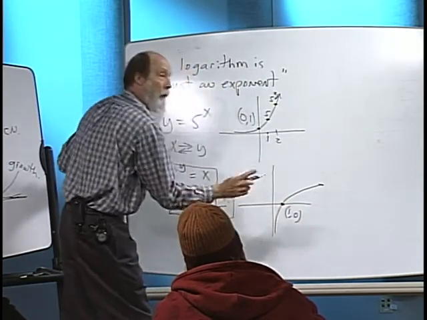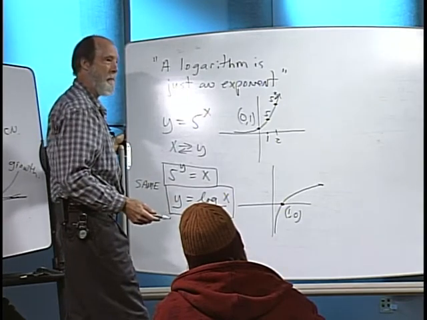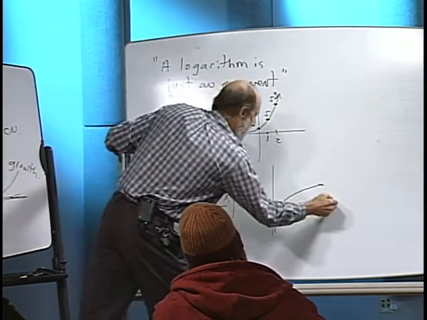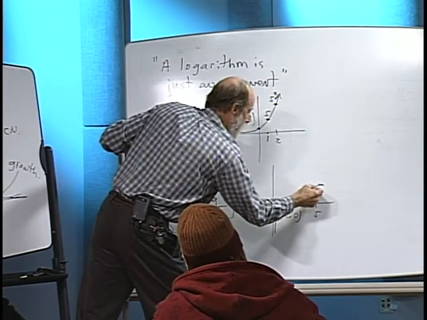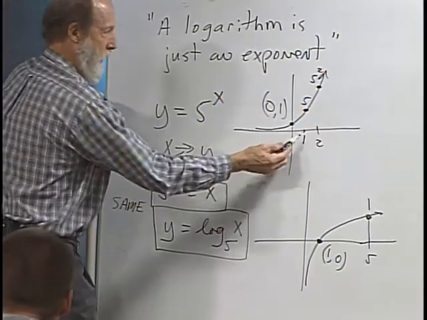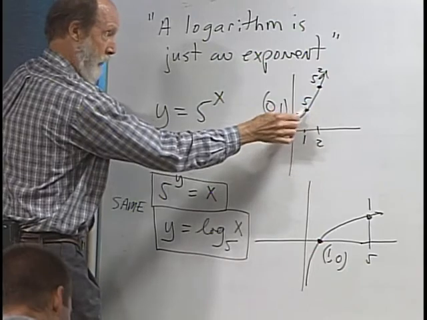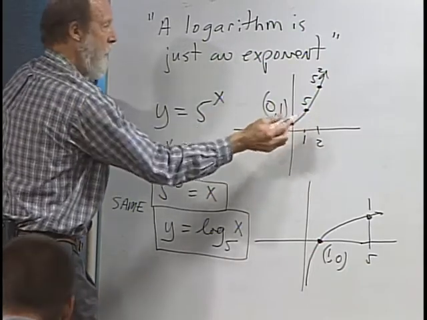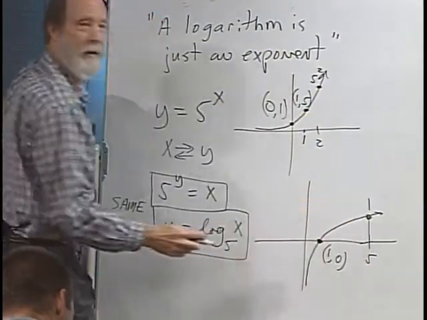And what would be another very important point? 5. If you go out to the base value, out here to 5, this thing's going to be up at a height of 1. Just like up here, if you went over in the domain to an input of 1, you're going to have an output of 5. So that (0, 1) becomes (5, 1).